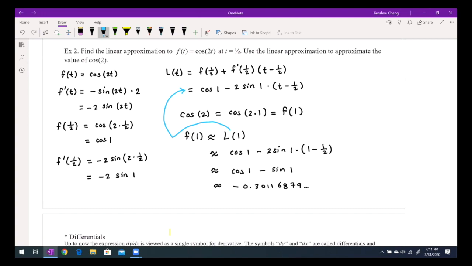Cosine of 1 minus 2 sine of 1 times t minus half. So when we are evaluating this linearization function at 1, that's basically cosine of 1 minus 2 sine of 1, but this time my t is 1, so it'll be 1 minus half. So I'm basically substituting into the linearization function that we found before we started doing the approximation.